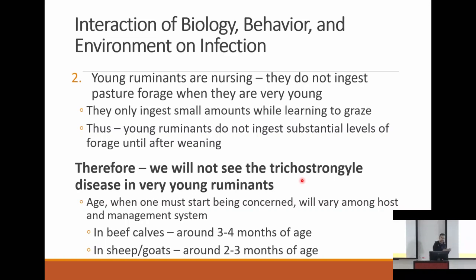So that's why you will not see Trichostrongyle disease in very, very young animals. Normally, you will see this disease in sheep and goats around 2 to 3 months of age, and in calves around 3 to 4 months of age.